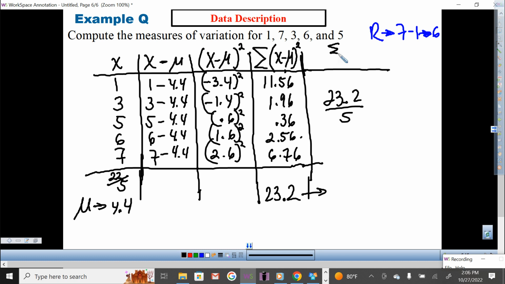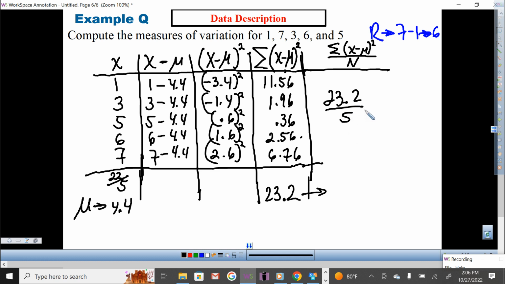The sum of x minus mu squared divided by, this is the debating part. Let's say it's a population. Divided by what? Tell your neighbor, please. Capital N. Let's go. So far so good? All right, so then we got that.